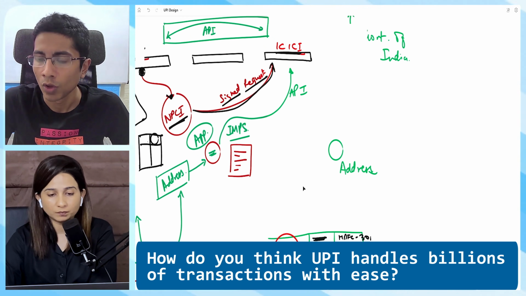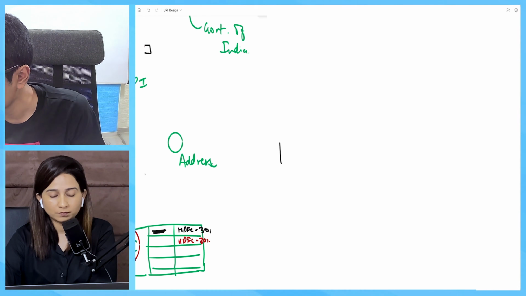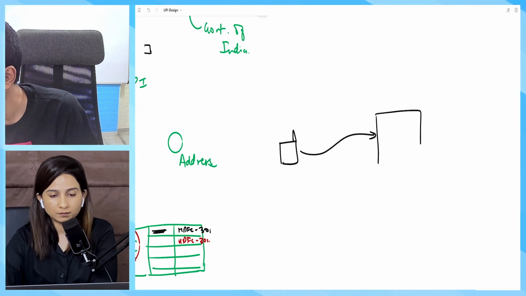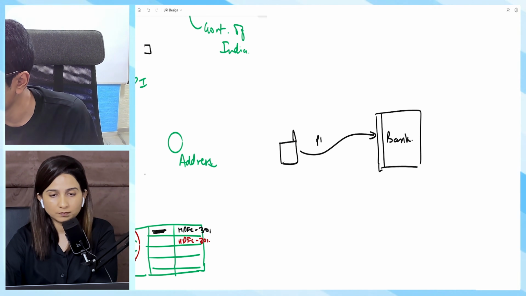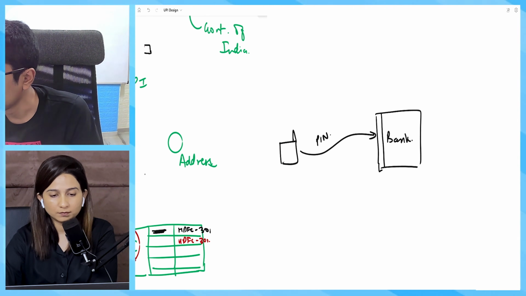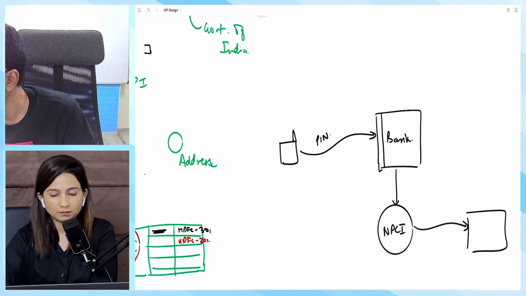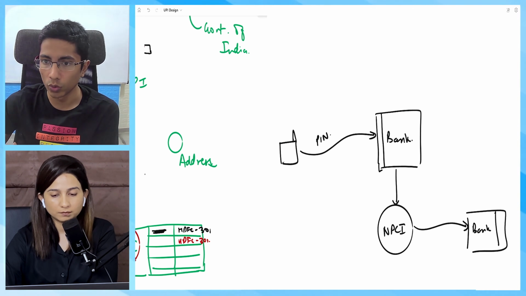Okay. So we spoke about users connecting to their bank, and the bank having a unified payment interface, and then them getting authenticated with this PIN, the bank sending it to NPCI, which then sends it to the other bank, which the money has to be transferred to.